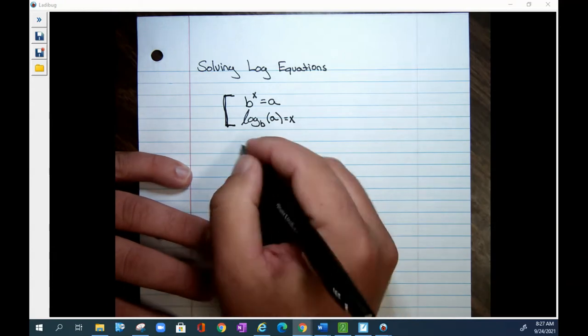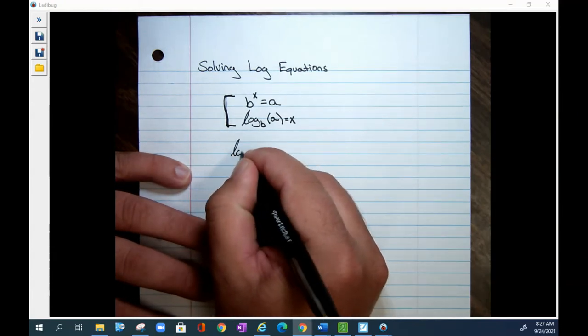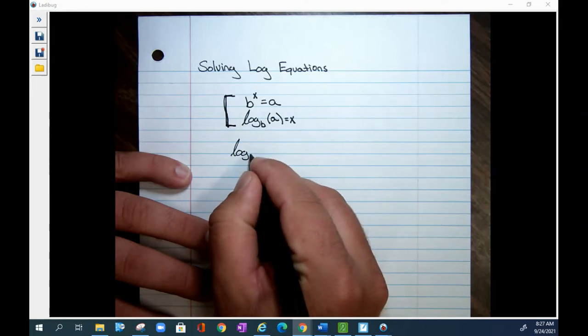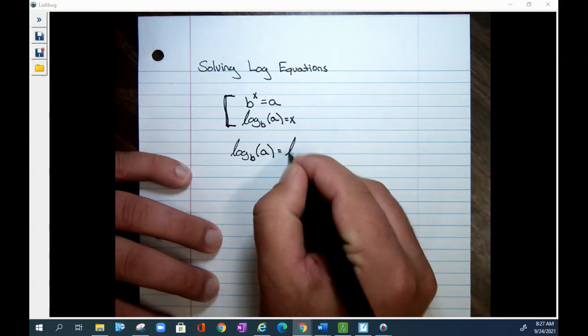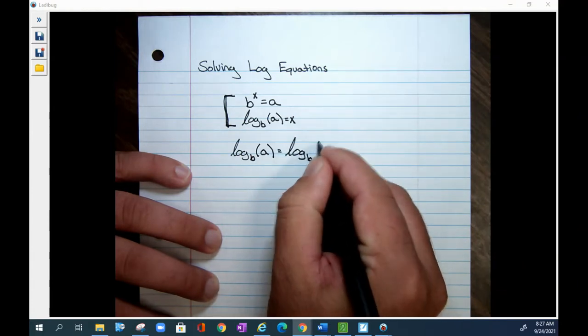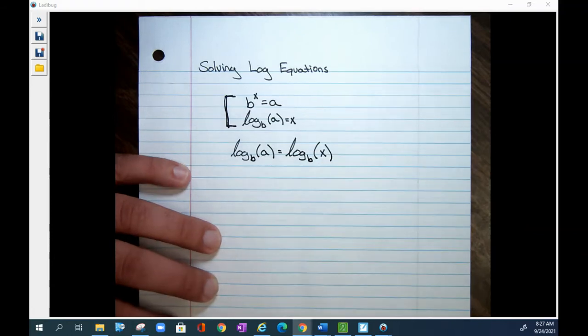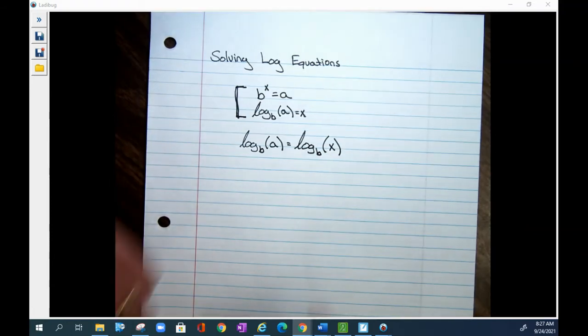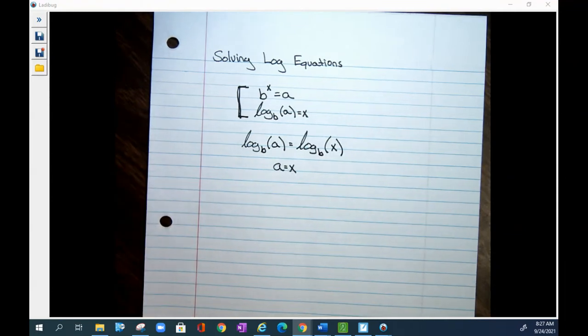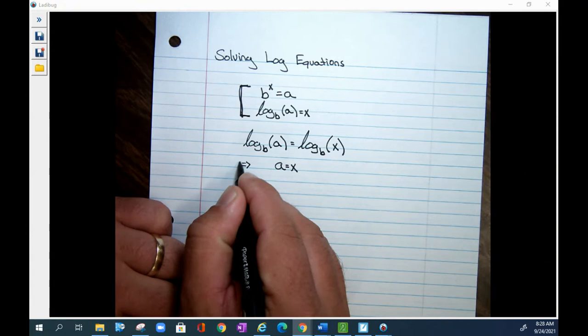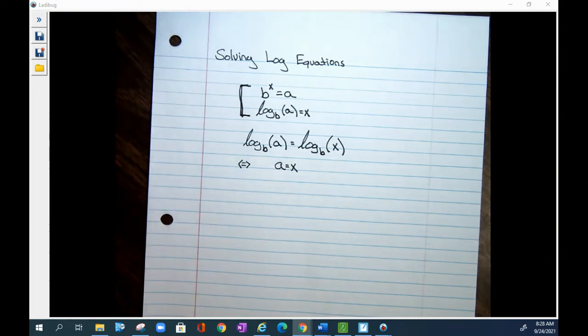If I have some equation that looks like this, log base b of a equals log base b of x. If you have that, then you know that that's true. Okay? If one of those is true, then the other is true. Okay? You're going to use that a lot.